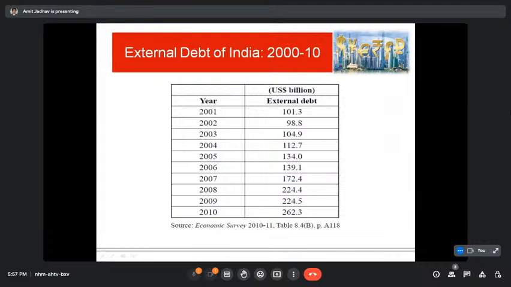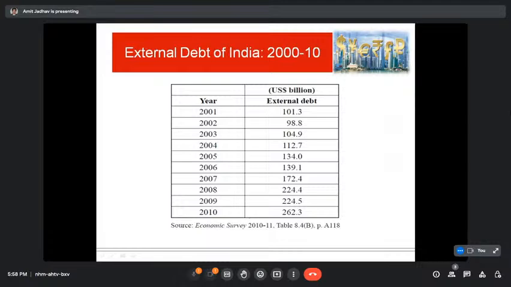So it shows that if a country has a current account deficit, its indebtedness will also increase because both factors are correlated. If the country has a deficit, it has to fulfill it, and to do so it has to take a loan or financial support from other countries. That's why the external debt keeps increasing continuously.